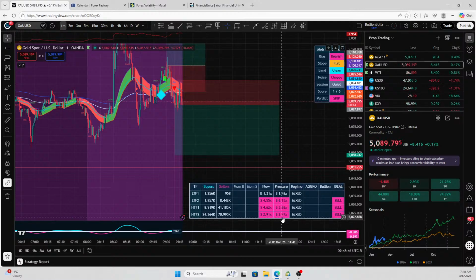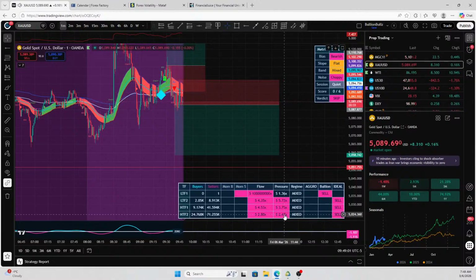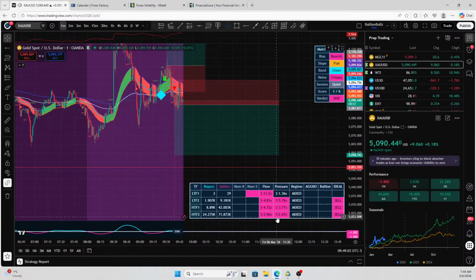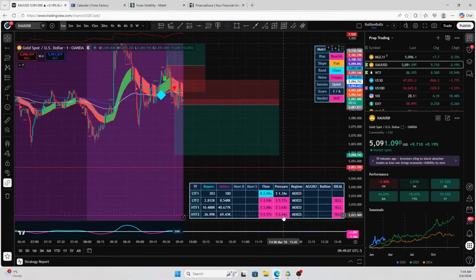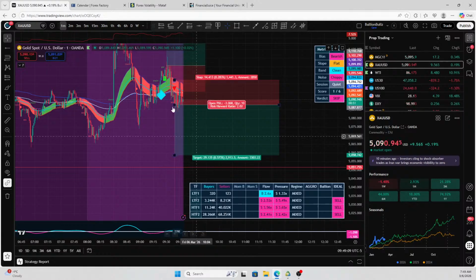You can see pressure is kind of staying at 2.47 to 2.45. We need this to increase. Everything is still pointing to the downside. However, if this does not increase, that would just mean that price is just consolidating at this level. We want this to increase for it to continue going down.